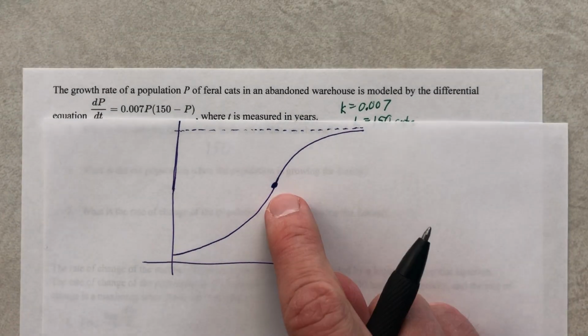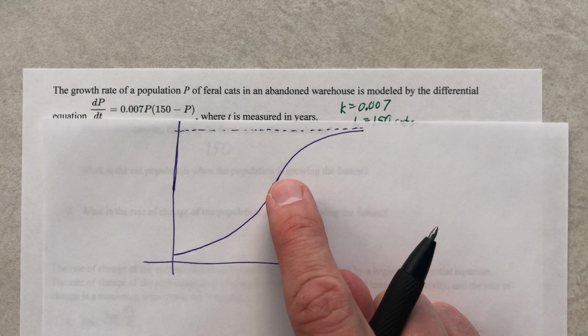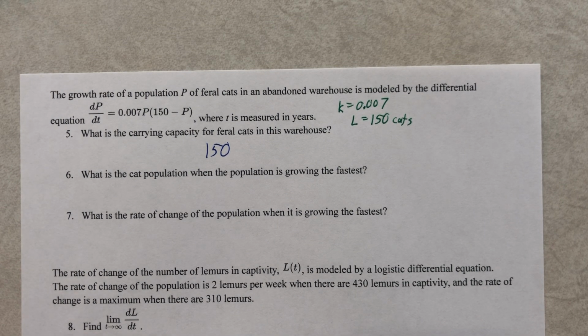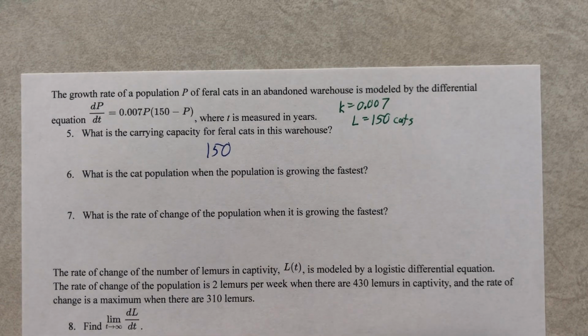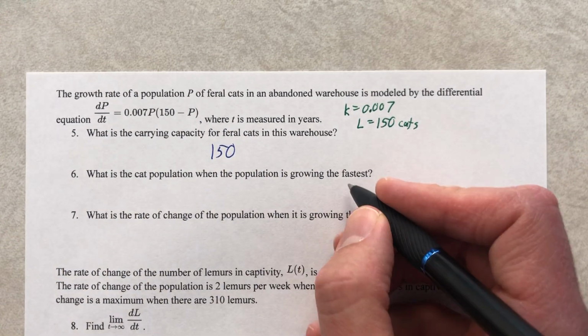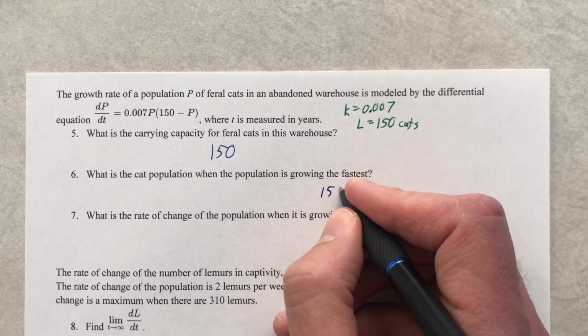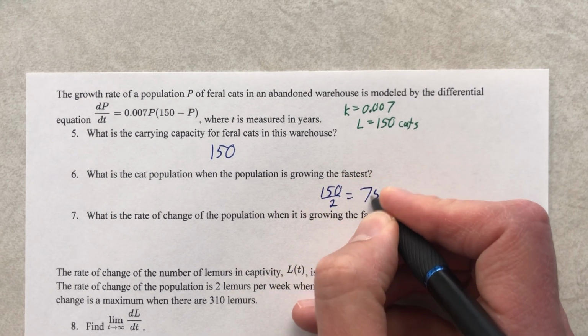So it is there. That is at half of the carrying capacity. So what is the cat population when the population is growing the fastest? It would be at half of the carrying capacity, which is 75 cats.